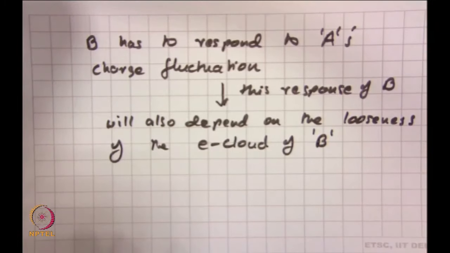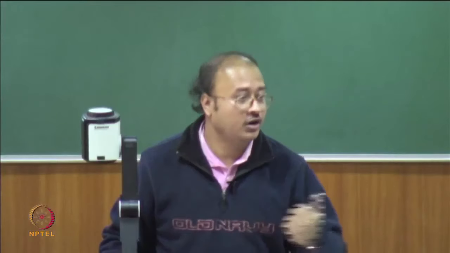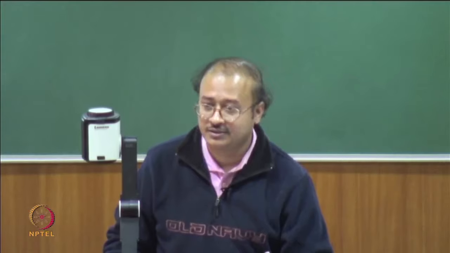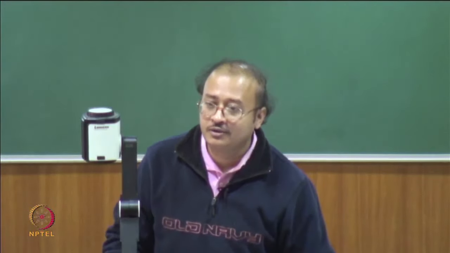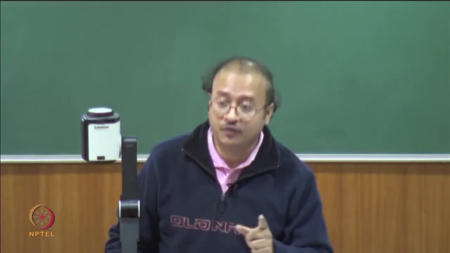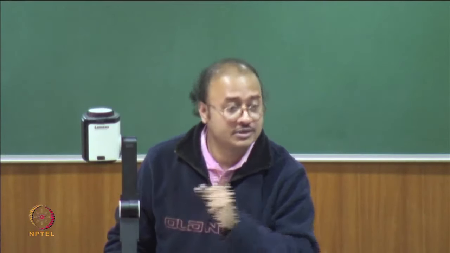So, in one case we have an instantaneous dipole for A, and to what extent B would react or orient itself to this instantaneous dipole will also depend upon the looseness with which you can deform B's electron charge cloud.